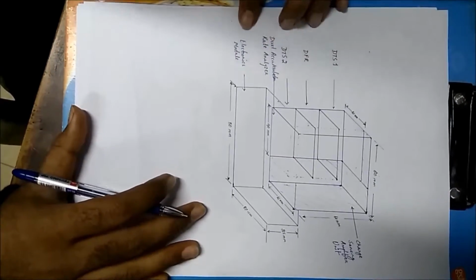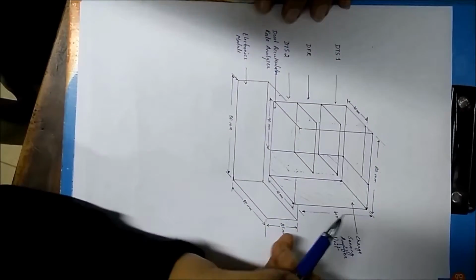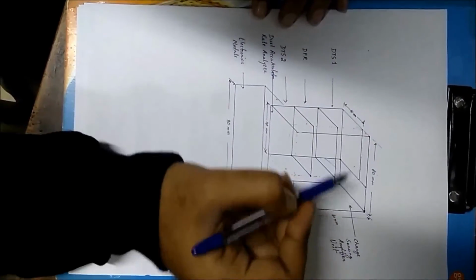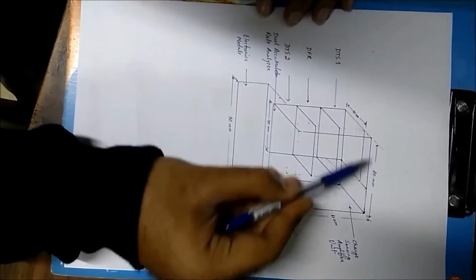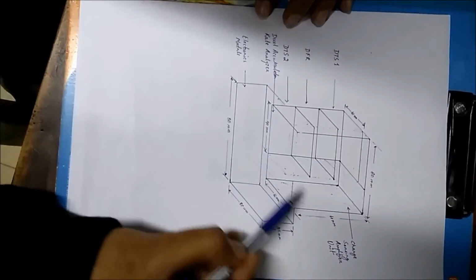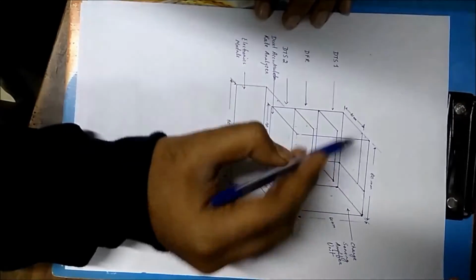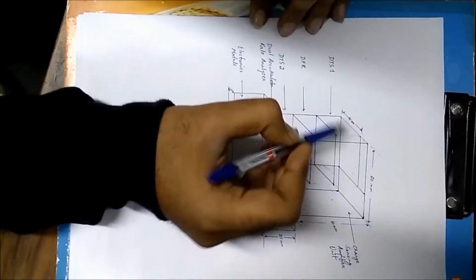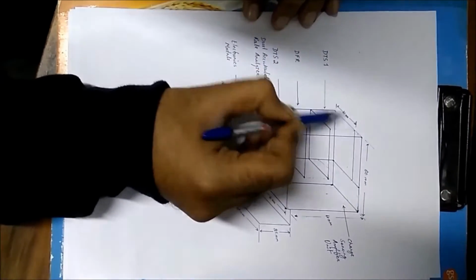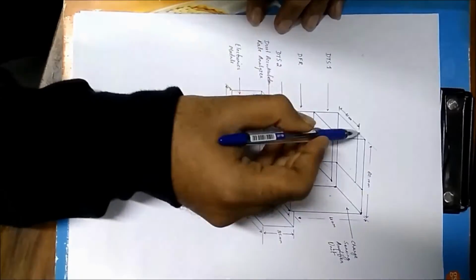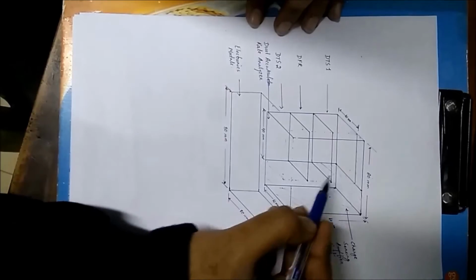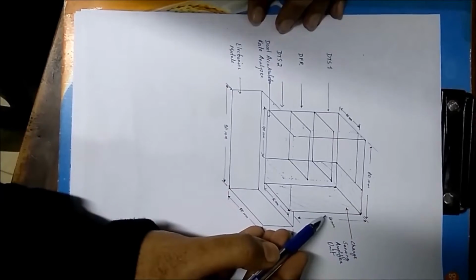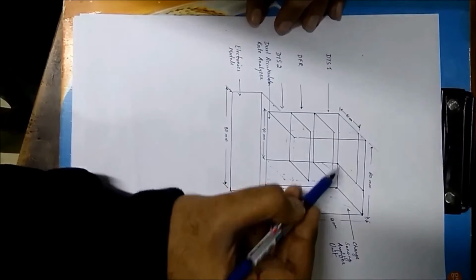So it will look something like this now. We have made our dust sensing module like this, where the sensor module has a 40 by 40 mm cross section, and the length is 60 mm. This is 40 mm and this is 40 mm.